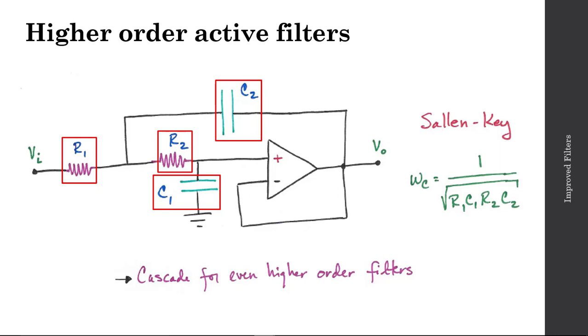So cascading these filters together allows me to have a higher order filter, but more specifically, it's giving me an even steeper transition from my passband to my stop band in terms of a plot of magnitude ratio. So this incarnation of the Sallen-Key happens to be a low-pass second-order filter, but again, by rearranging your resistors and capacitors, you could achieve different types of filters, and by cascading them, you can get even higher orders.